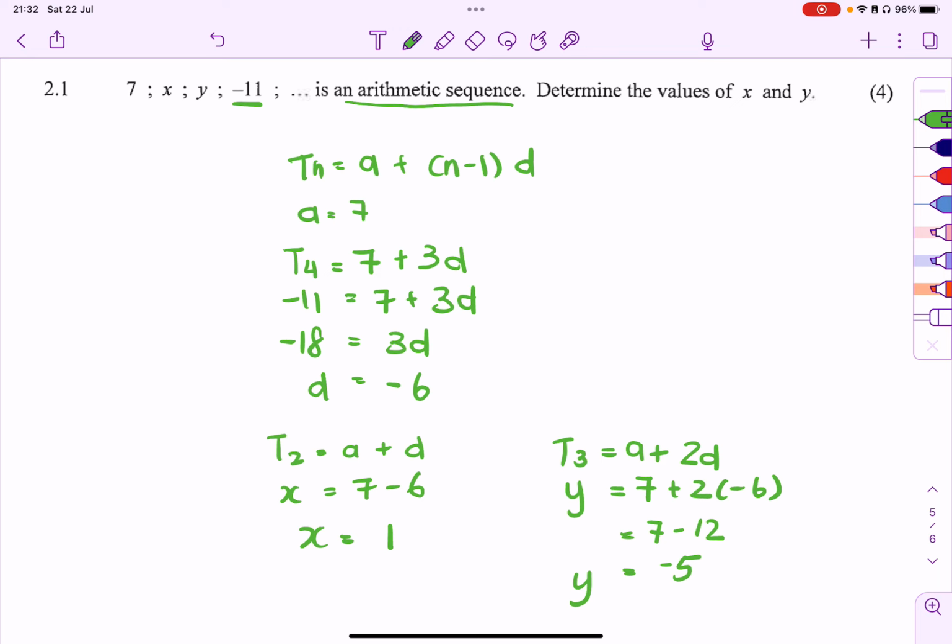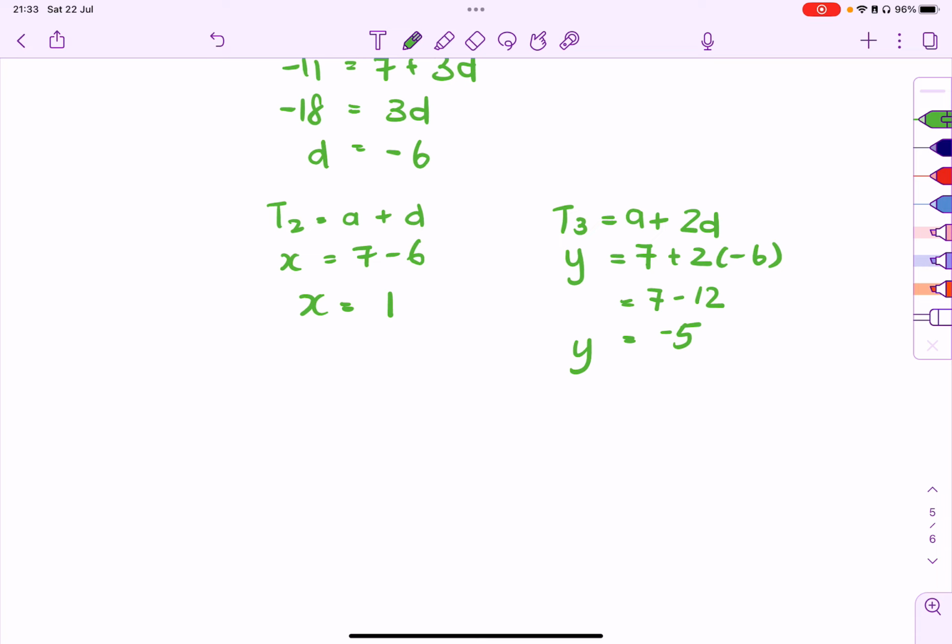Now there is also another way of doing this sum. We know that the difference between the terms in an arithmetical sequence is constant. So let's just rewrite the sequence again.